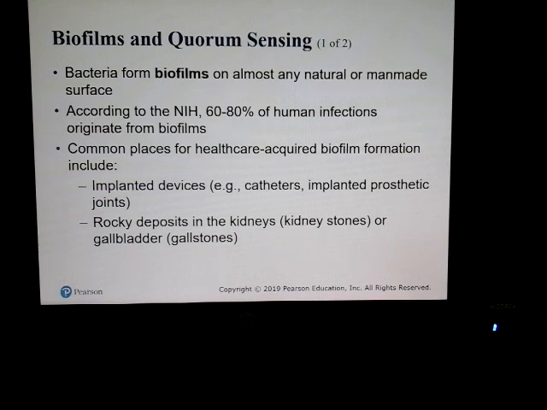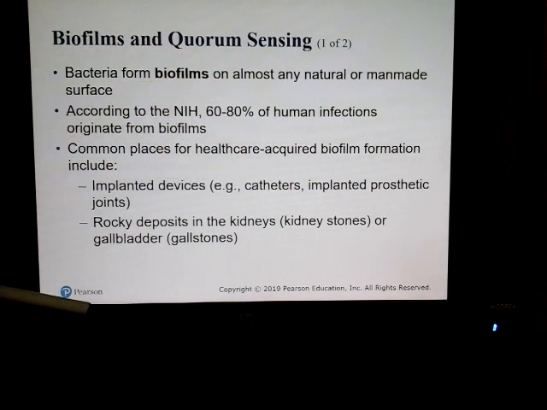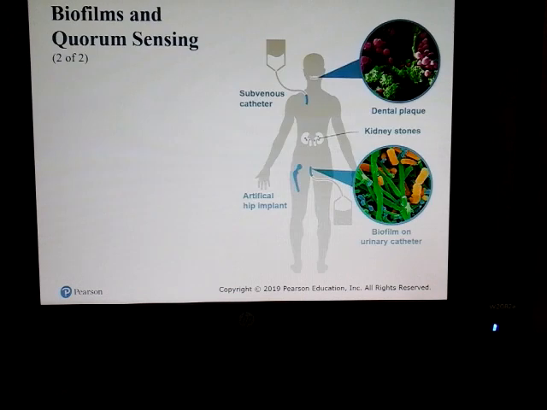So some common places that you can get biofilms: things on implants, catheters, prosthetic joints, deposits in your kidneys, like kidney stones, for instance, or gallstones. So here's two examples. This down here shows some different microbes that were found on a urinary catheter. And up here, plaque. Plaque is a great example of a type of biofilm that can form.